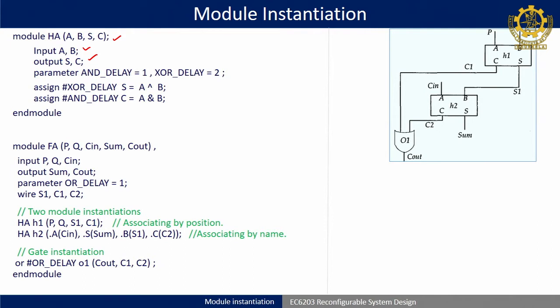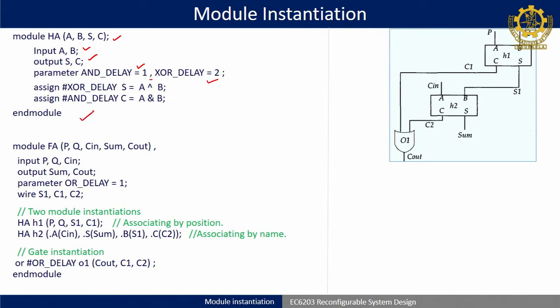That is why they have introduced parameters here. AND delay is 1, XOR delay is 1, separated by comma in a single line. When you are specifying parameter delay, you simply use hash with the parameter and do not give a specific value, else this line is unused and not useful.